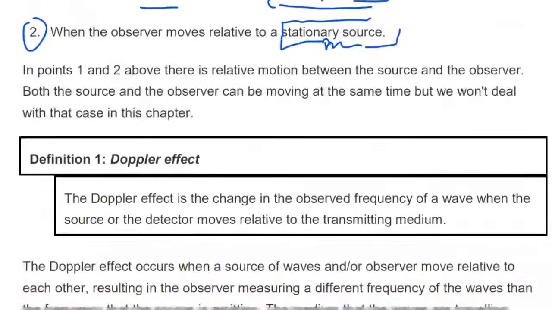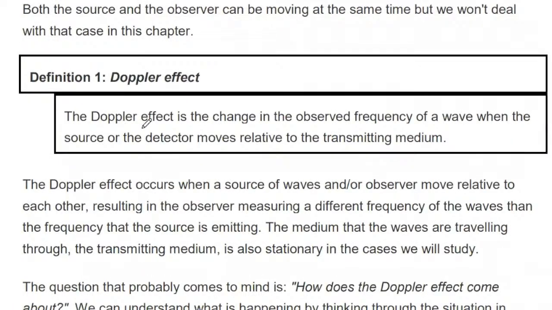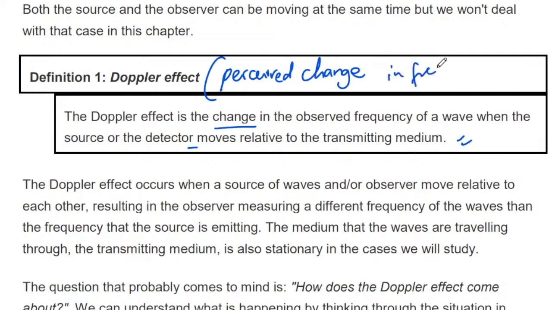Then for the definition of the Doppler effect, we're saying that the Doppler effect is a change in the observed frequency of a wave when the source or the detector moves relative to the transmitting medium. I'll give you perhaps a simpler explanation. Sometimes we say it's the perceived change, or sometimes we even call it the apparent change in frequency.